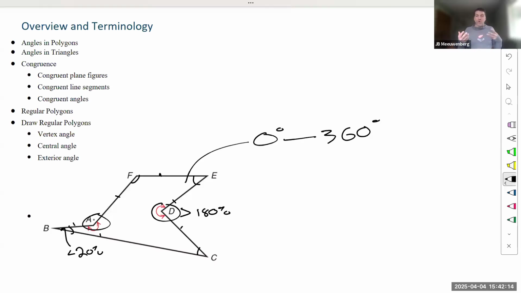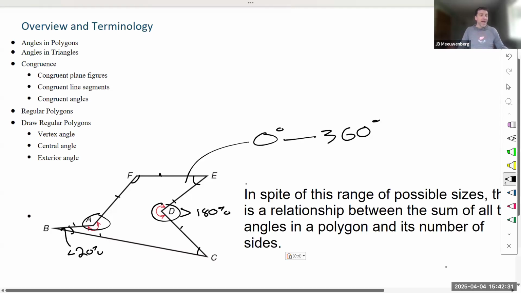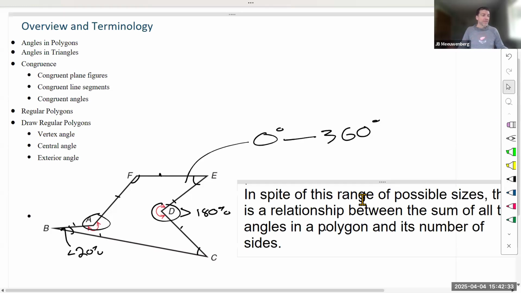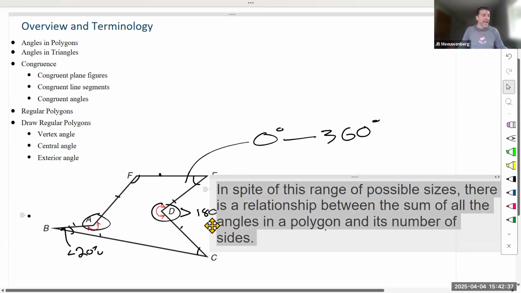But again, when you're drawing a hexagon like this, as one angle gets bigger, another one might have to get a little bit smaller. So there's always a relationship in any polygon between the number of sides it has and the sum of its angles.